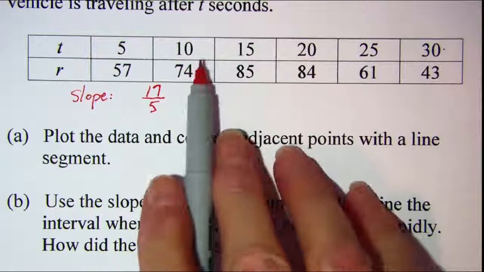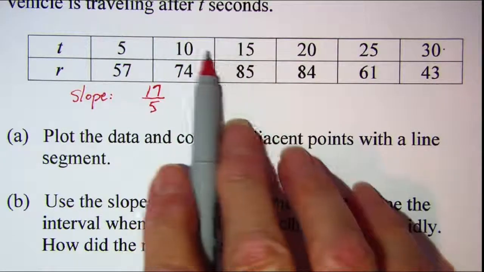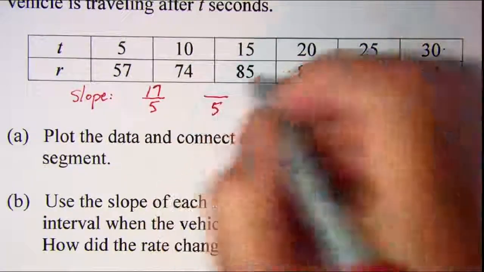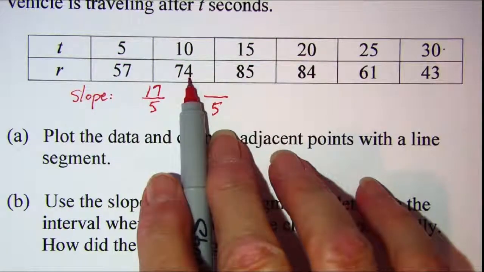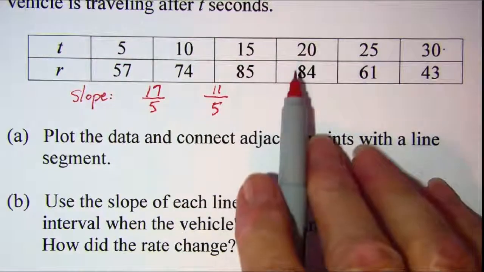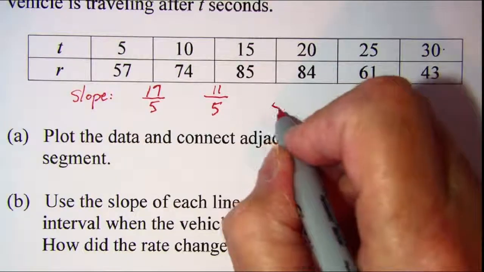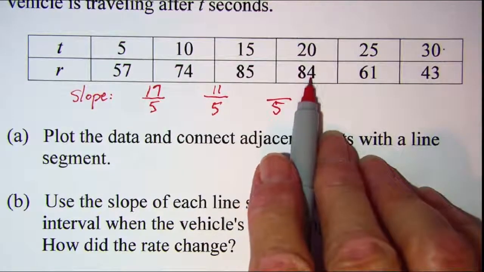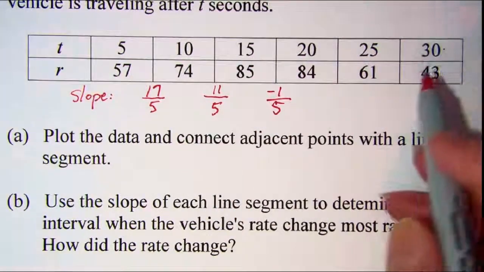Doing the same thing going from 10 to 15, my change in the time again is 5. My change in the rate was 85, subtract 74, which is 11. And then for this one, my change in time is 5 again. My rate of change, 84, subtract 85, is a -1.